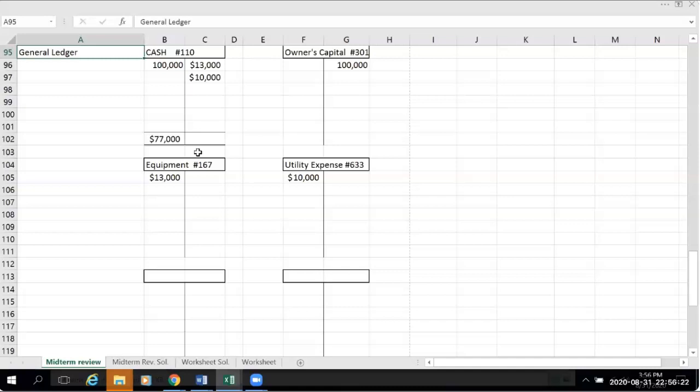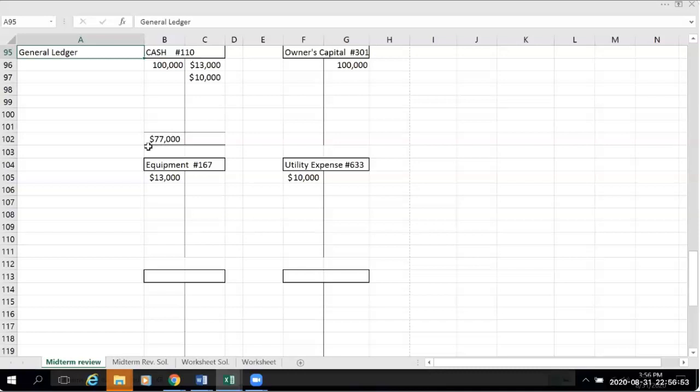As you see, the normal balance for any asset like cash is on the debit side. Let's look at the equipment. What's the normal balance for any asset? Debit side. Asset, debit. Normal balance for any asset, debit.